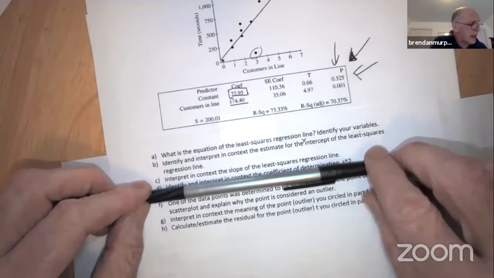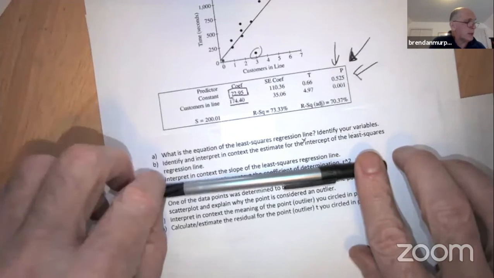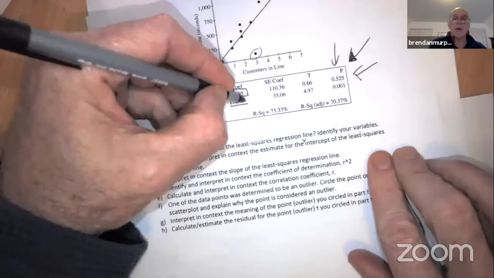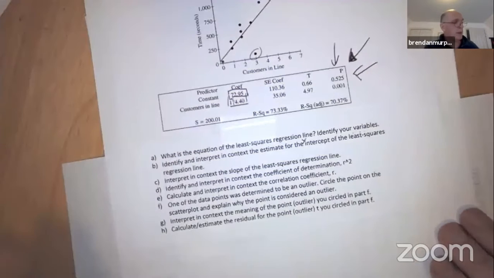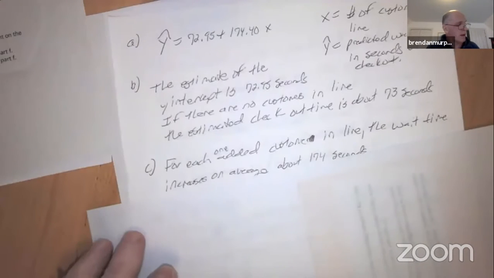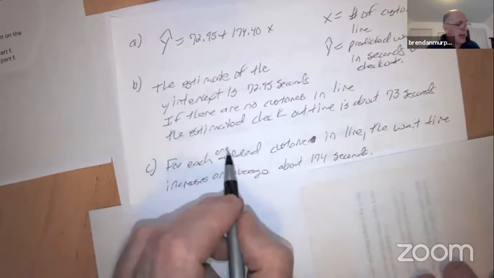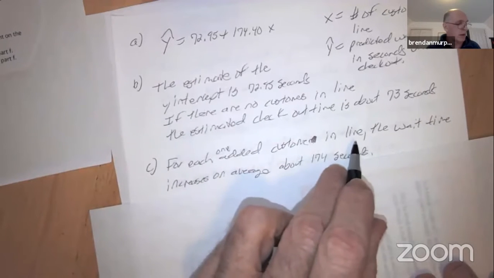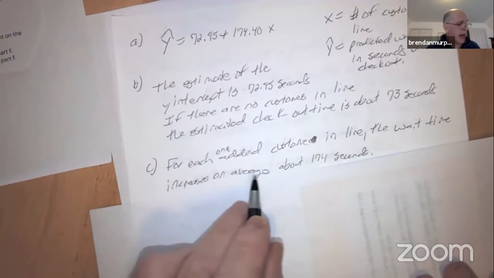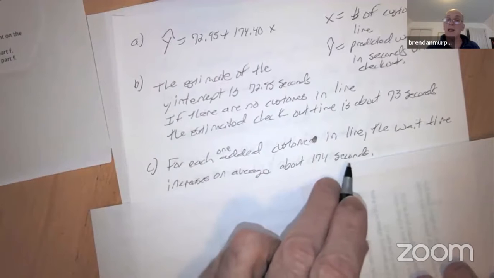Interpret in context the slope of the least squares regression line. Well, the slope is 174.40. We use that in my least squares regression line. For each 1 added customer in line, the wait time increases on average about 174 seconds.